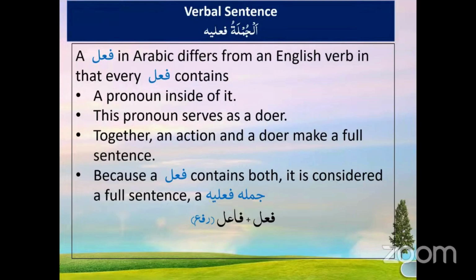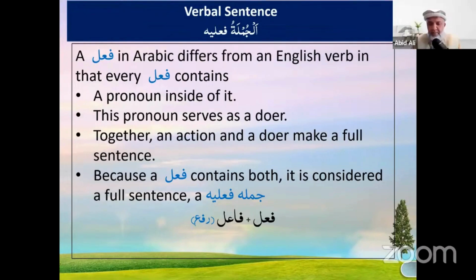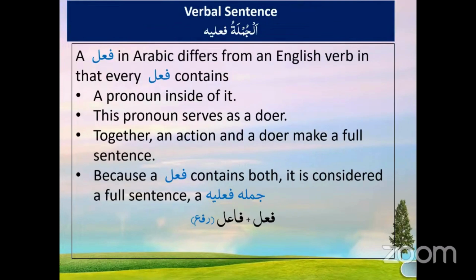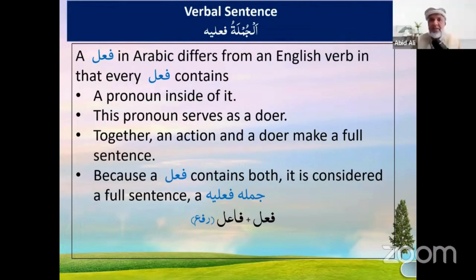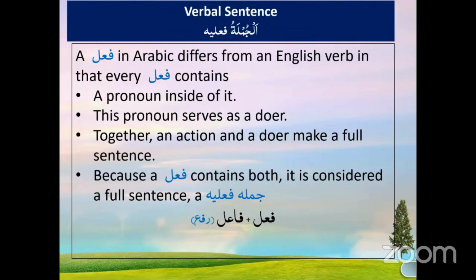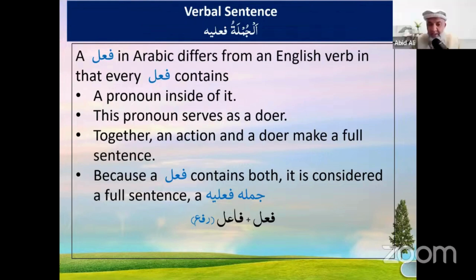Does the action require somebody to do the action? Yes. So if I say eating, is the act of eating happening by itself, or is there somebody doing the act of eating? Someone exists. Somebody is doing the act of eating.